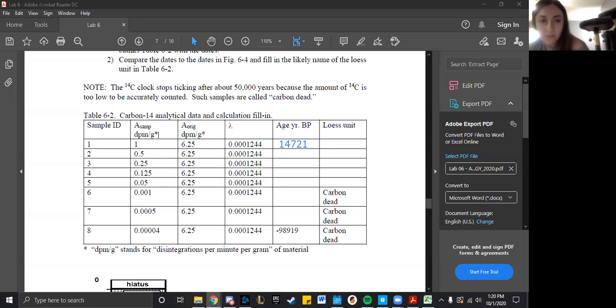Our numbers kind of sounded the same, except after the 20,000. Yeah, I typed in the wrong number. So 20,289. Okay, cool.